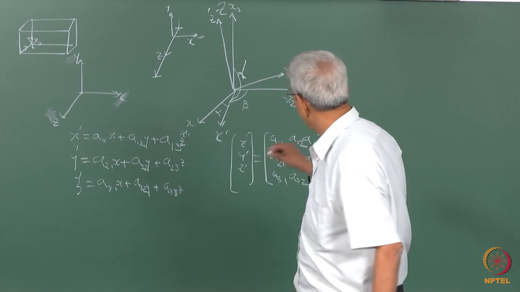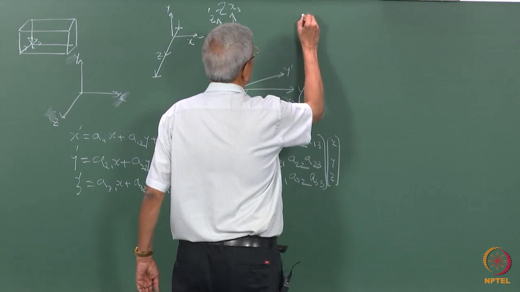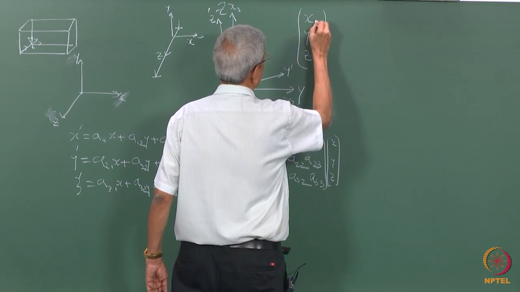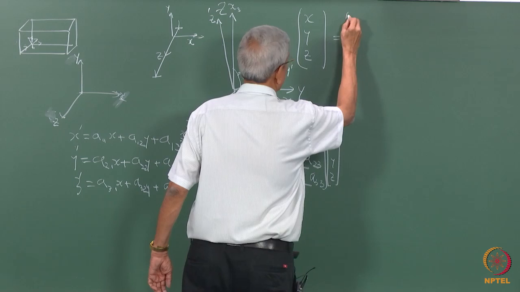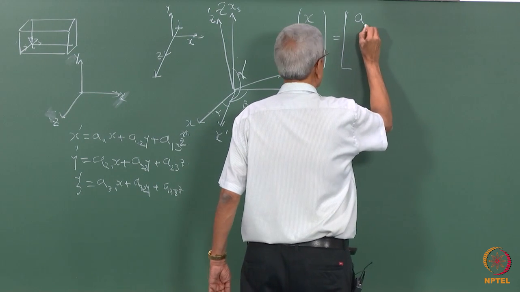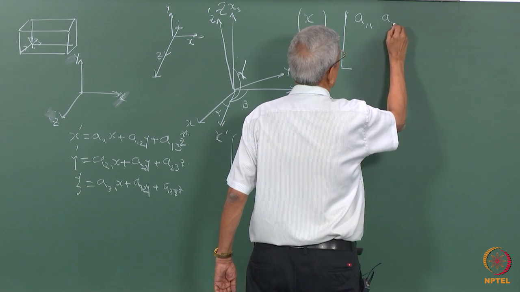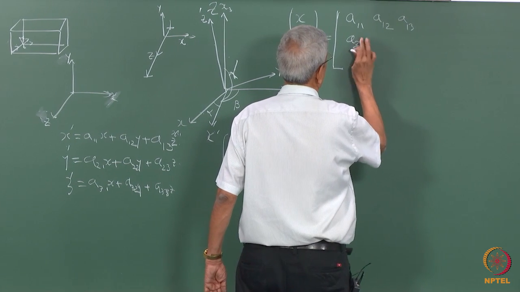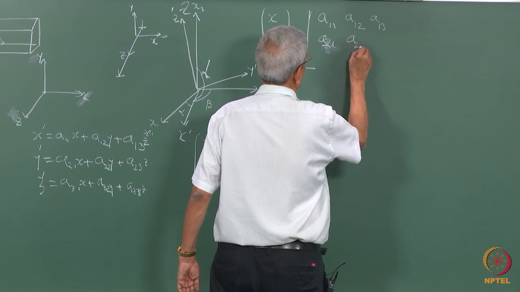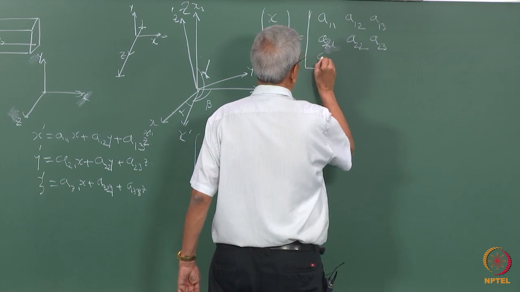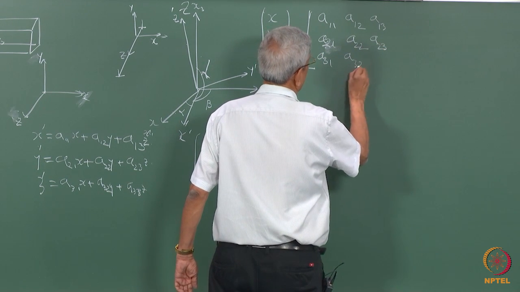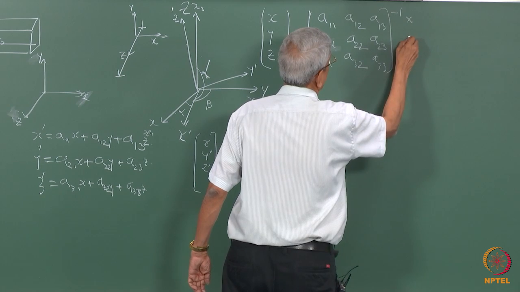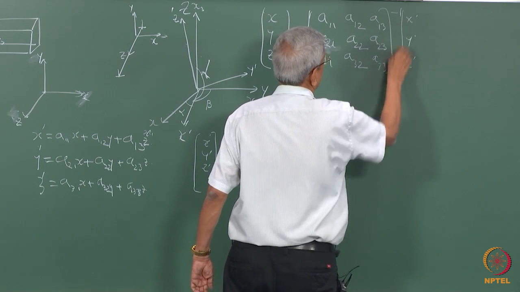Similarly, if we wanted to transform the other way, it can be written as x, y, z equal to the inverse of the matrix A11 to A33 times x dash, y dash, z dash.